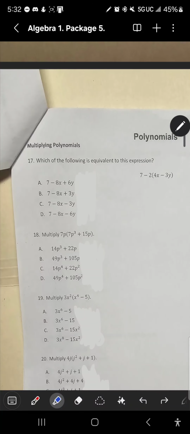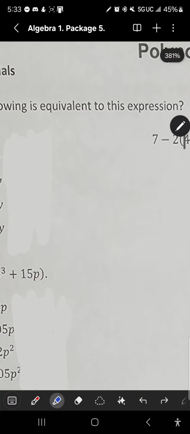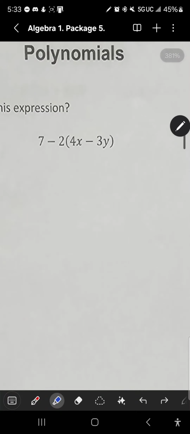Now let's keep going. Which of the following is equivalent to this expression? Okay, so what we need to do is just solve for the expression. Equivalent just means equal, but written in another way. So if we solve for this, we have 7 minus... now, negative 2 times 4x is going to be negative 8x.